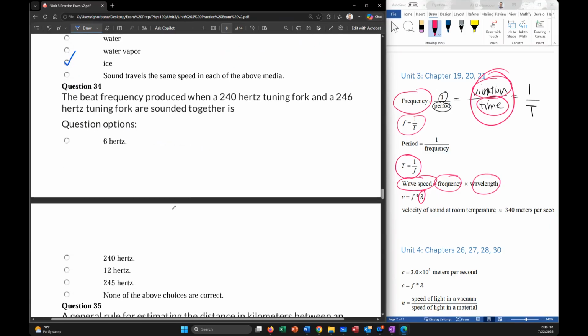What is the beat frequency produced when a 240 hertz tuning fork and a 246 hertz tuning fork are sounded together?